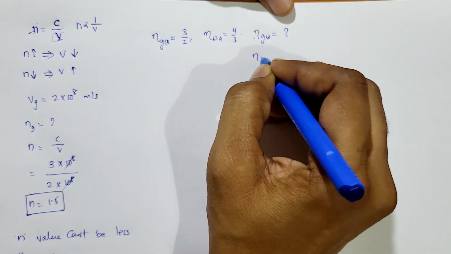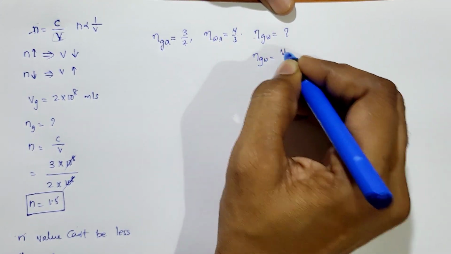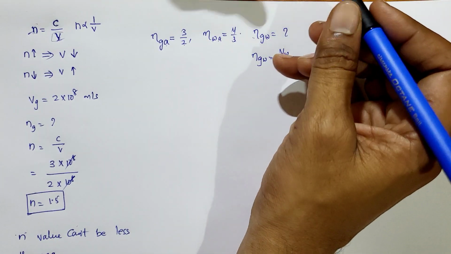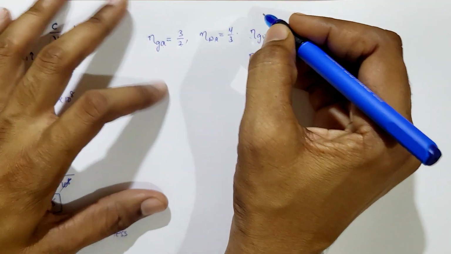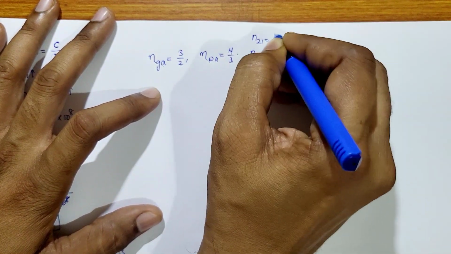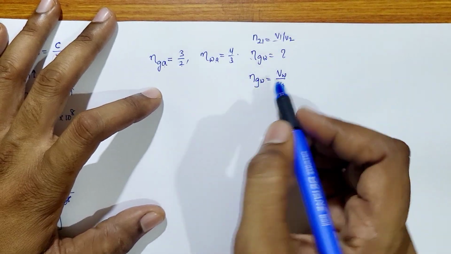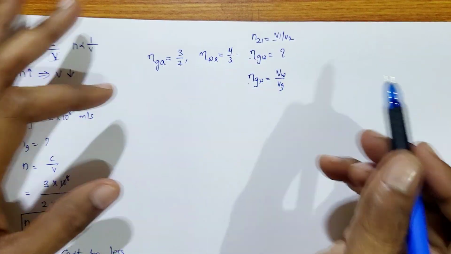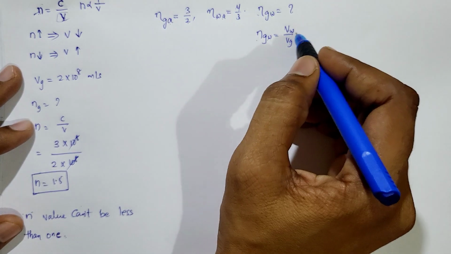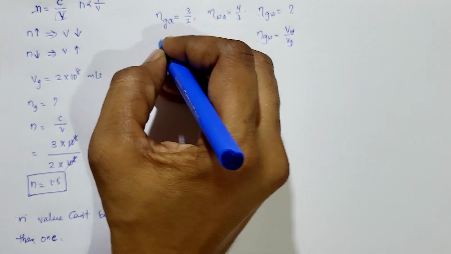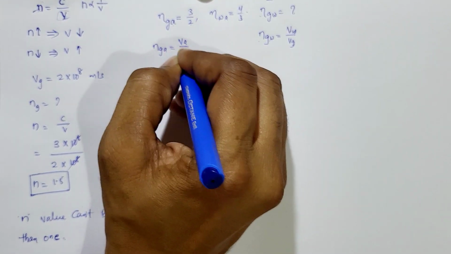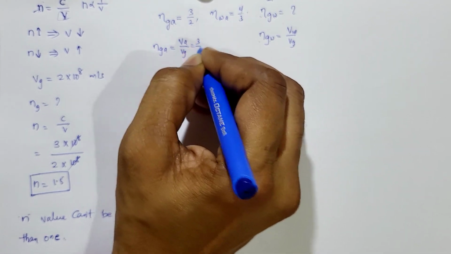Refractive index of glass with respect to water will be Vw divided by Vg. Remember that formula. I'll write here: N21 is equal to V1 divided by V2. So NGW is equal to Vw divided by Vg. Now we want the ratio Vw divided by Vg. From here we can write NGA is equal to Va divided by Vg, that is equal to 3 by 2.